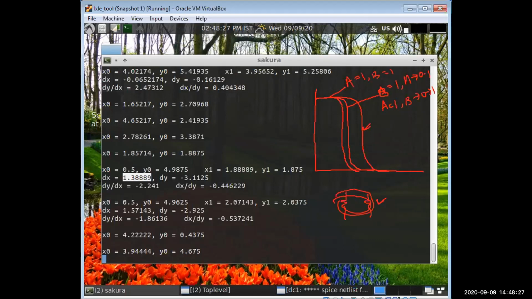But here the thing is, when you are increasing the voltage for A, this one is A, this one is B. So what happened? A little more voltage is required to turn on that transistor.